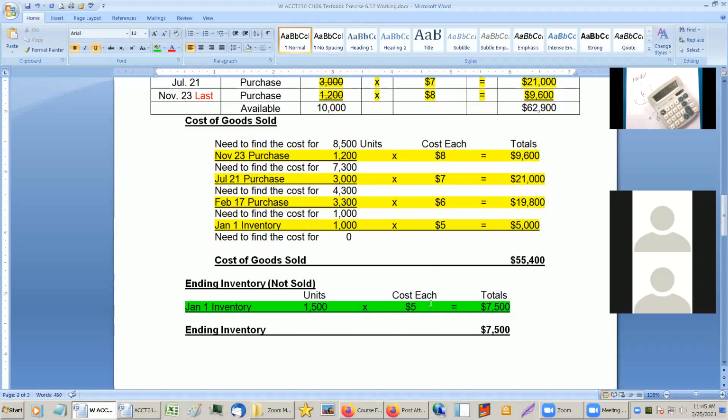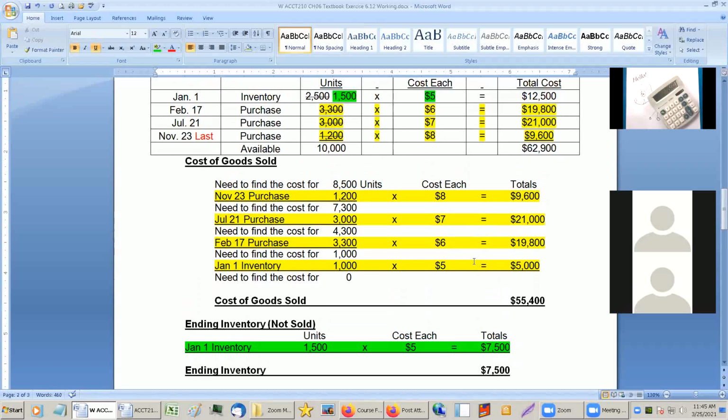A reasonable question is, do we need to put it on 2 separate lines? Probably not. So 1,500 was not sold. That's our ending inventory. These were all sold. And these ones that are sold, these are gone. They're not coming back.